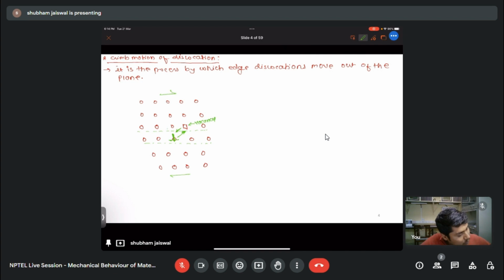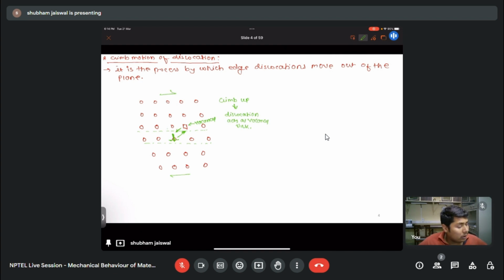So here we can say climb up, and as this dislocation is climbing up, the vacancy is there, it acts as the vacancy sink. That is, the dislocation acts as a vacancy sink. Okay.